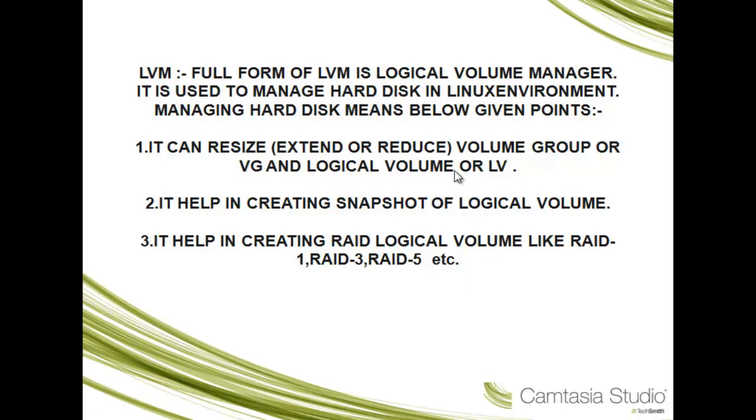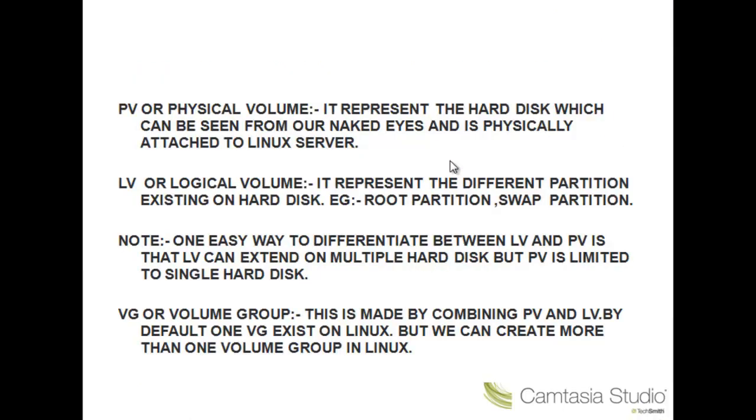In this lab we are going to create PV, LV, RAID and different types of things. So this is about LVM. Now we will study PV. The full form of PV is physical volume. It represents the hard disk which can be seen with our naked eyes and is physically attached to the Linux server.